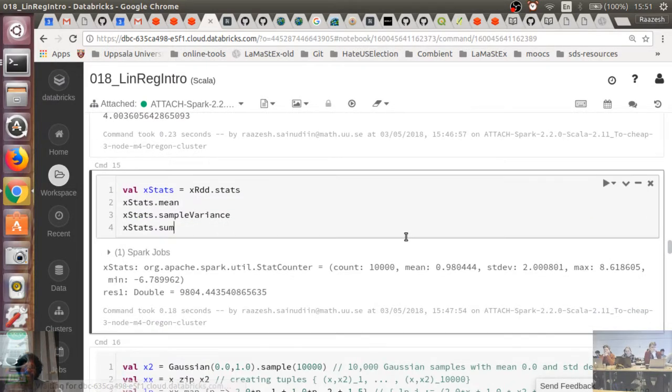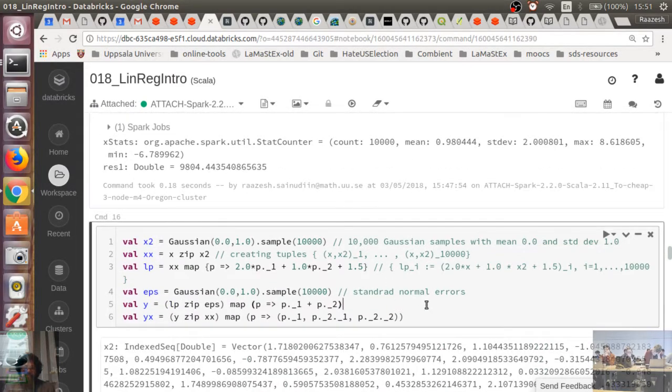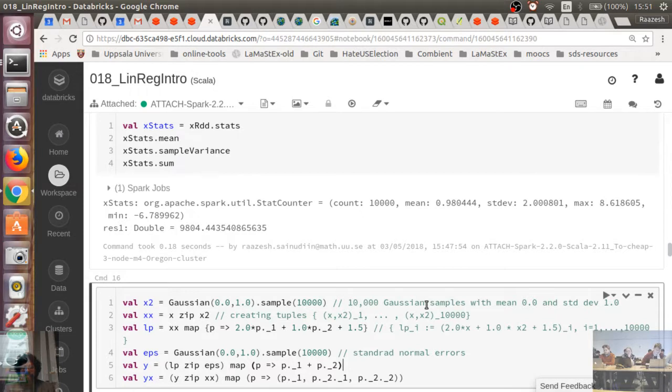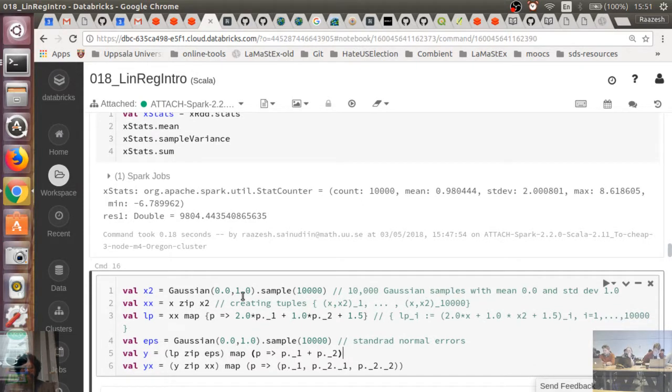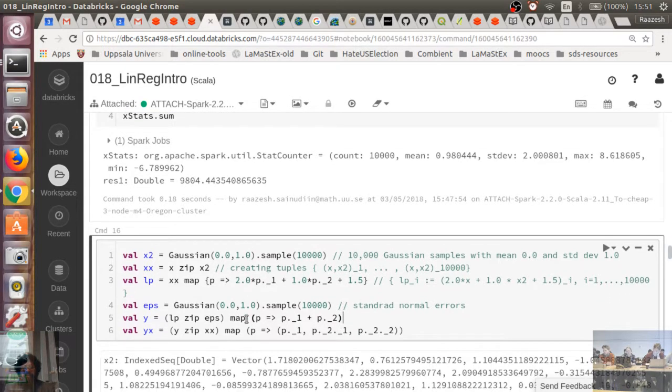So I'll do simple things. Here is x2. I'm defining another Gaussian sample, 10,000, centered at 0, standard deviation 1. Now you see I'm zipping x with x2 and creating xx, so I'm creating two independent Gaussian random variables with different means and standard deviations.